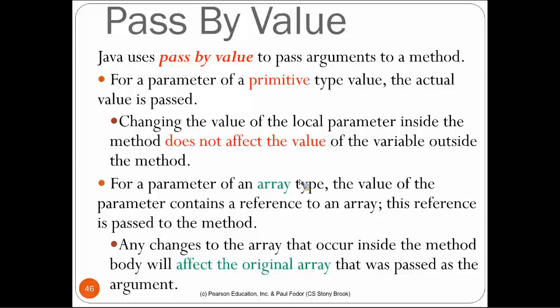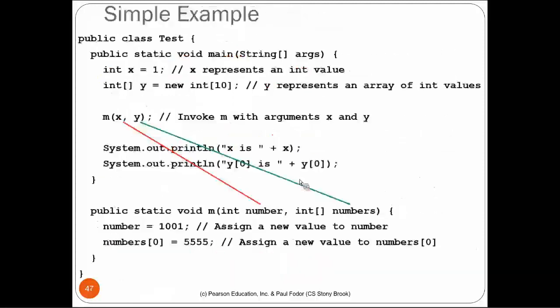However, for an array type variable, the value of the parameter is a reference to the same array. So if we pass this reference to the method, any changes of the array elements inside the body of that method will also affect the original array elements, because they are references to the same elements. In order to understand that, let's do an experiment.